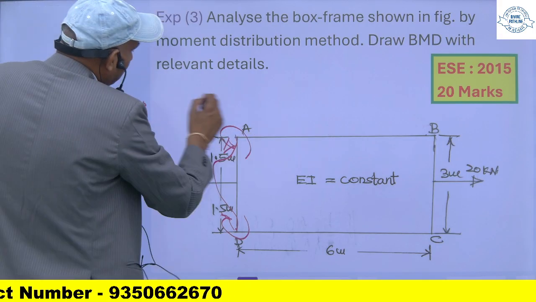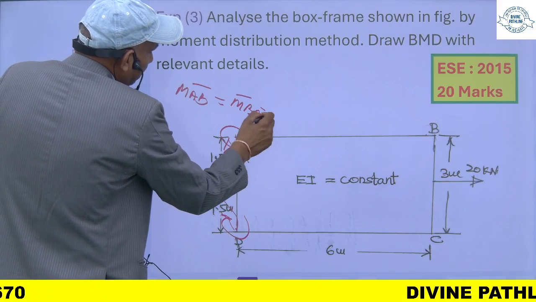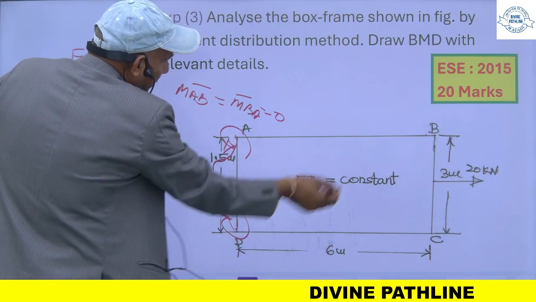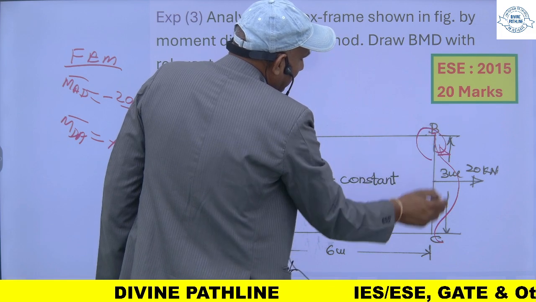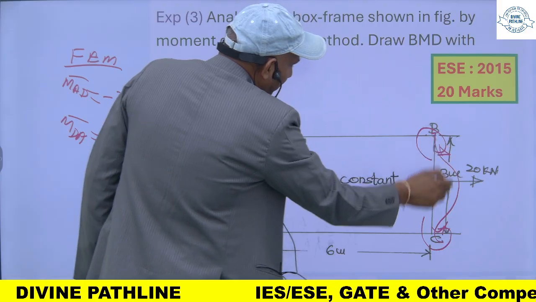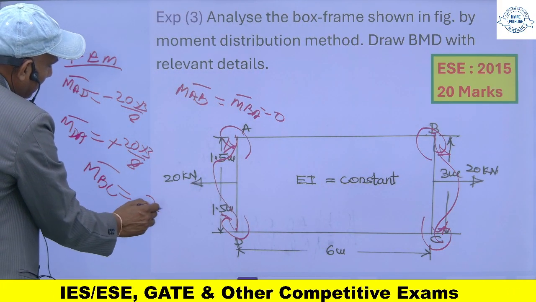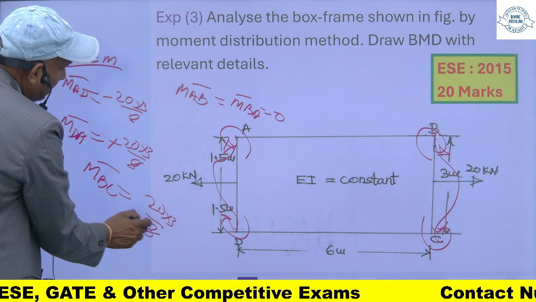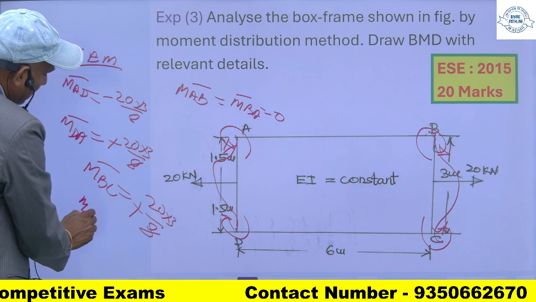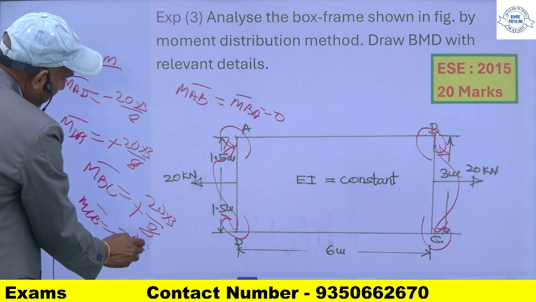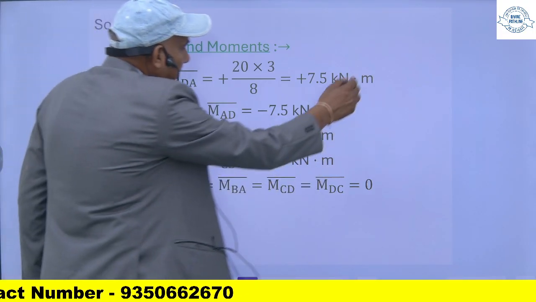For this member, MAB, MBA is equal to 0, and same for this will deflect like this. So this will be clockwise and this is anti-clockwise. So MBC will be the same. This will be positive and this one will be negative. You will get the fixed end moments like this.